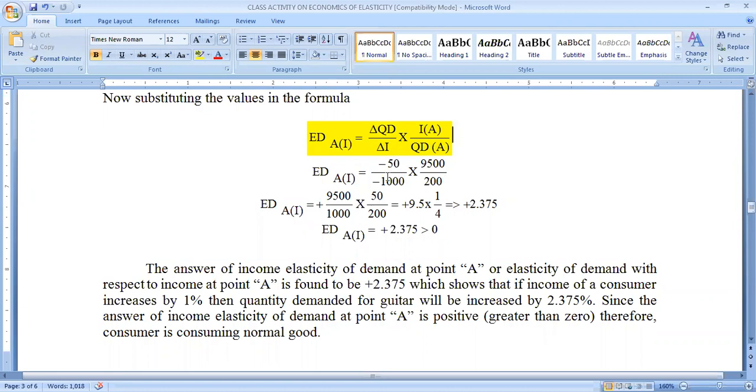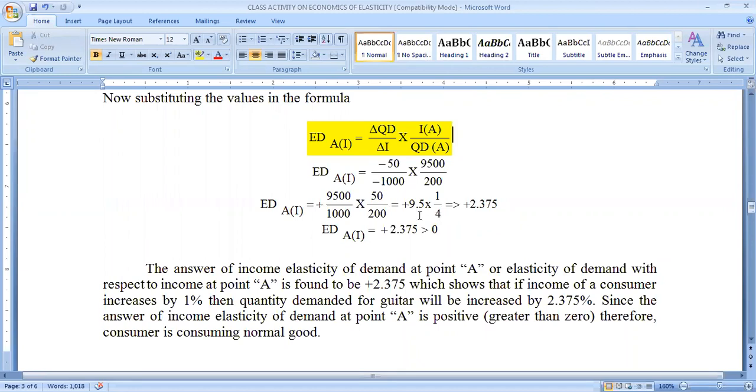Then this 50 comes here and the 200 can be written over here. So 50 over 200 has been taken into one fraction, and 9,500 and 1,000 into another fraction. These two zeros can be cancelled out with these two zeros. So it should be 95 divided by 10, which becomes 9.5, multiplied by 50 over 200. Once the 50 and 4 times the 200, so here comes 1 by 4.